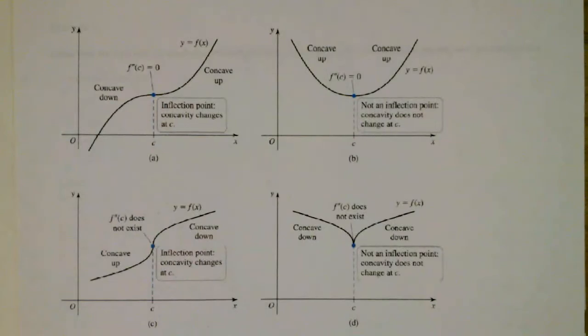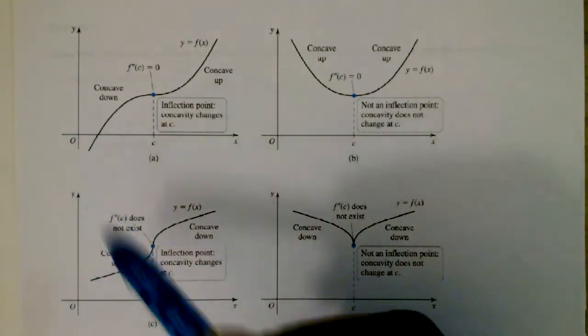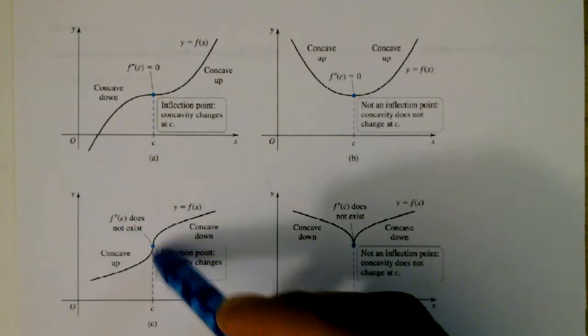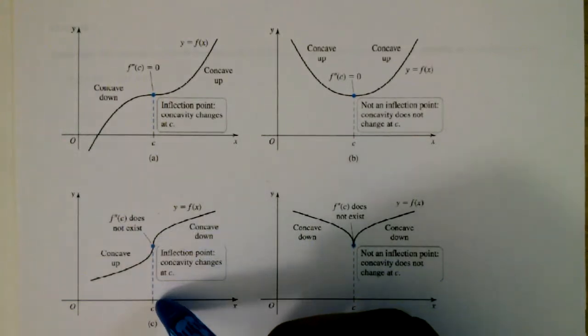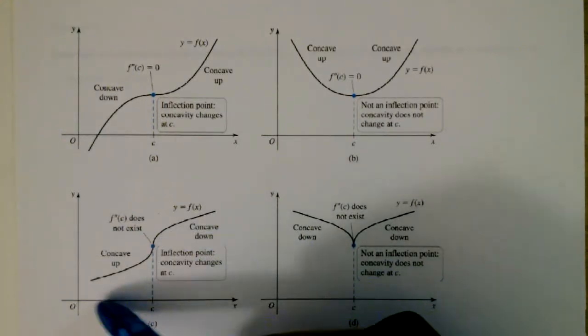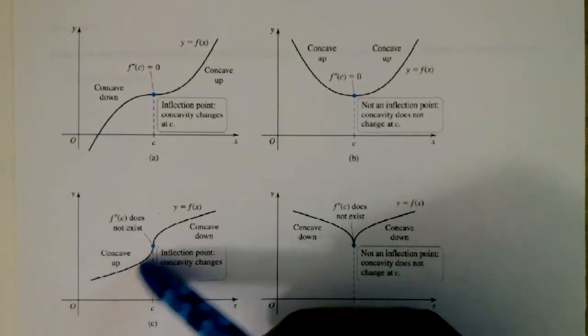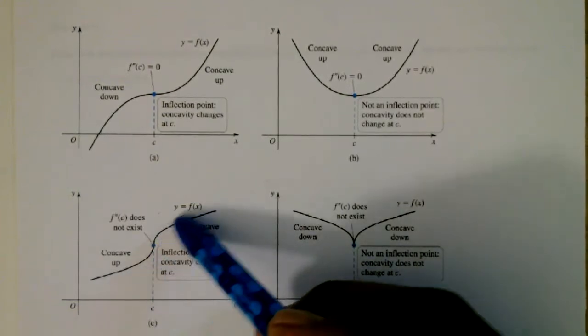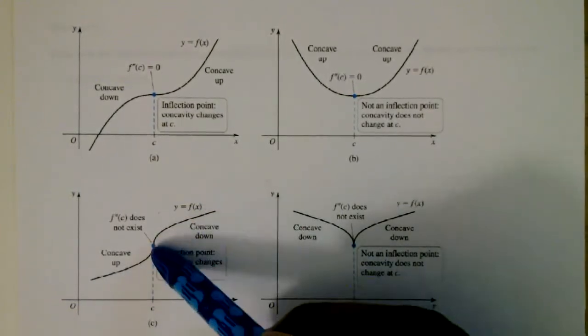And at C, that will be your point of inflection. Now here, your function f double prime of C does not exist. However, it is concave up to the left of C and concave down to the right of C.